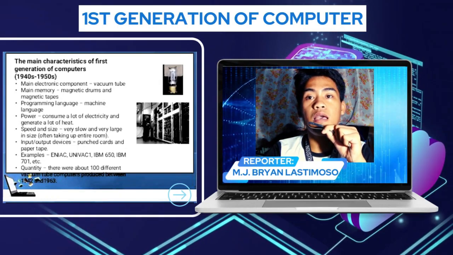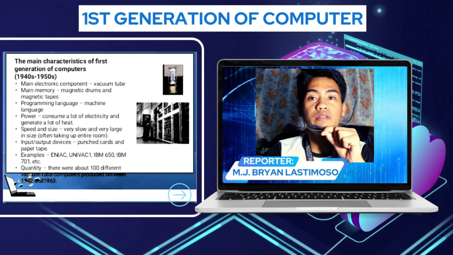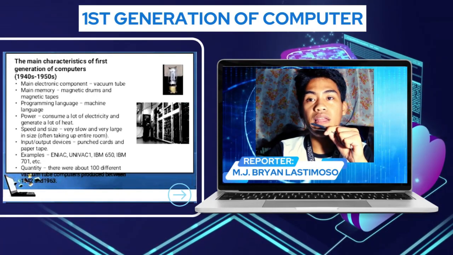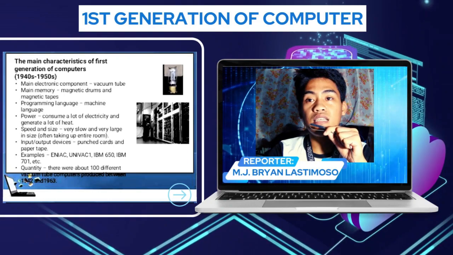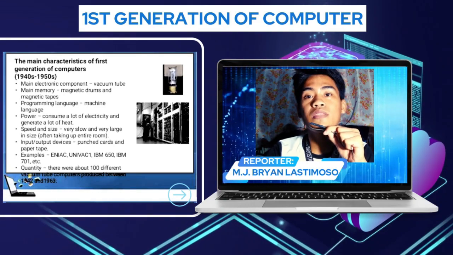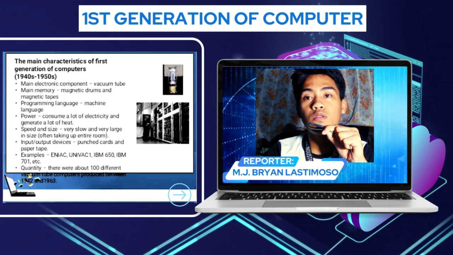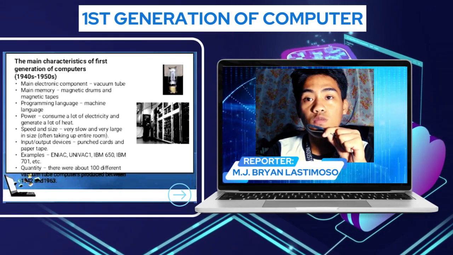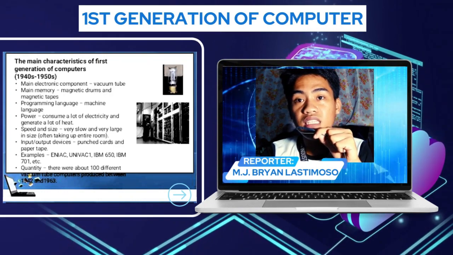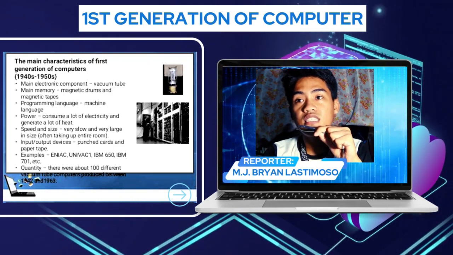Input-output devices, punch cards and paper tape. Examples: ENIAC, UNIVAC 1, IBM 650, IBM 701, etc. Quantity: about 100 different vacuum tube computers were produced between 1942 and 1963.